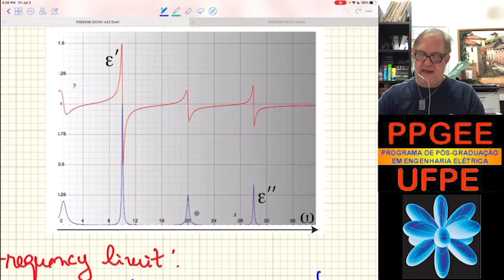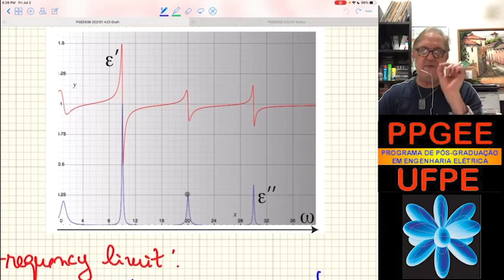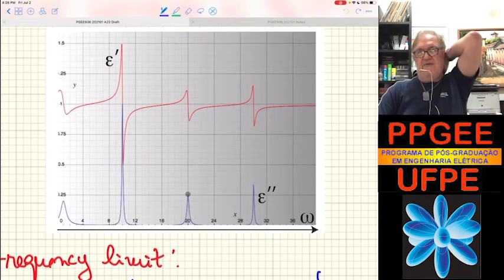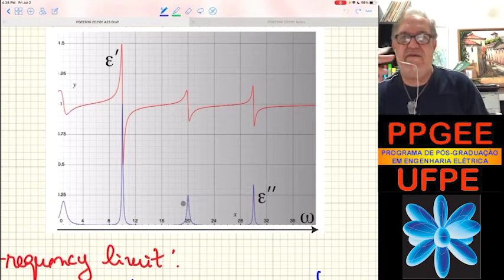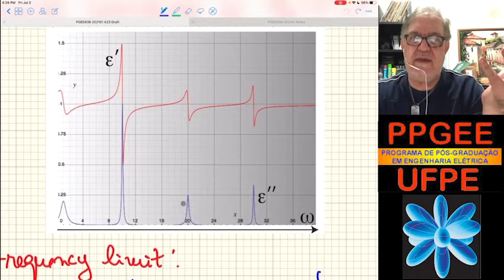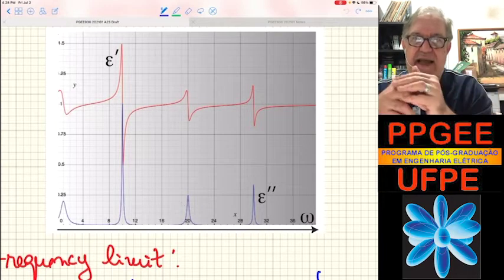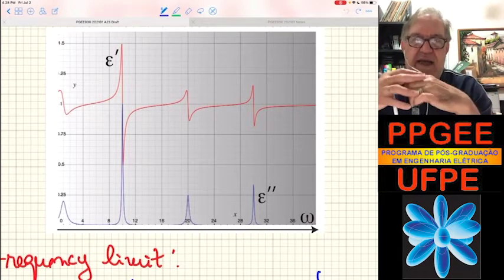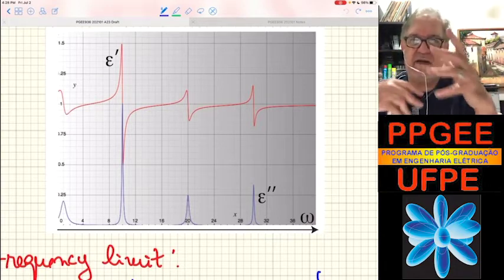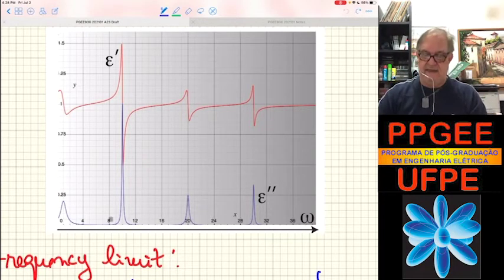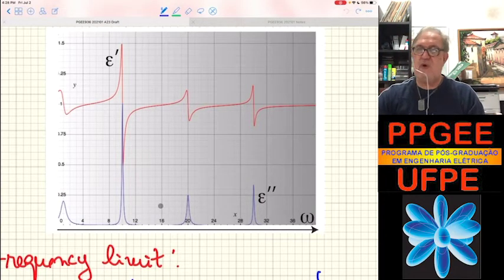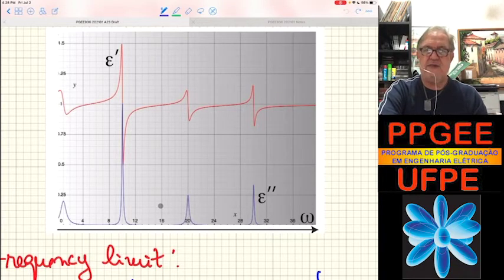You might have some isolated lines, very narrow spectral line absorption, atomic absorption for instance, and you might have several resonances depending on the mix of components in the material, like an oil that has different hydrocarbons, each one with its specific absorption bands. So you have a mix of effects. That's what the material will show you in relation to its complex permittivity.